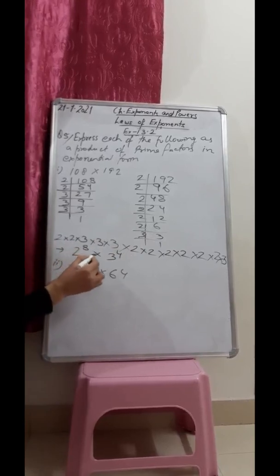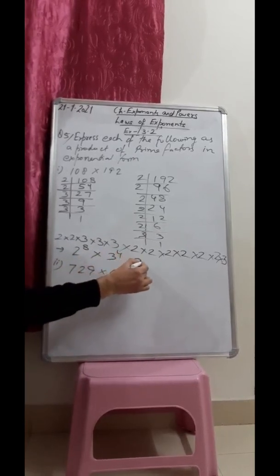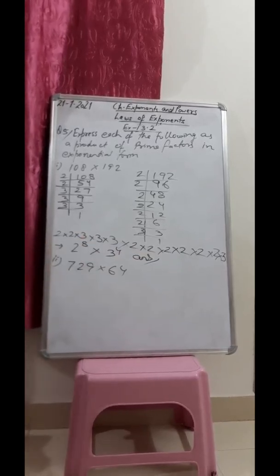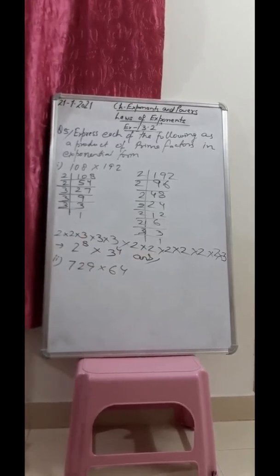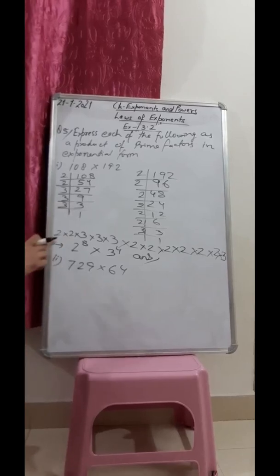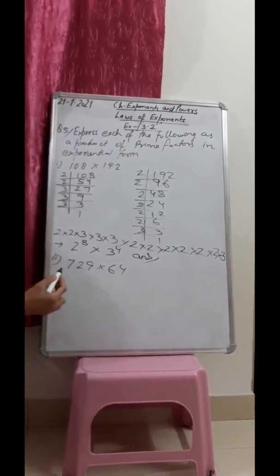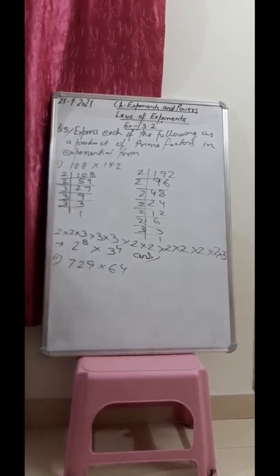So 2 raised to power 8 into 3 raised to power 4, and this is your answer. So in this form we can use the prime factorization method to find the prime factors and write the answer in exponential form. The second part is 729 into 64.